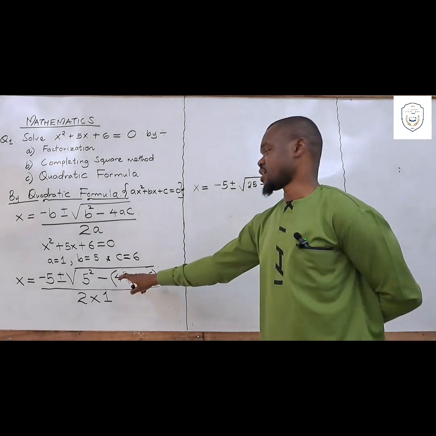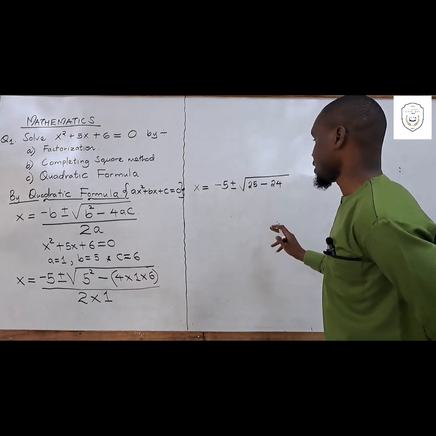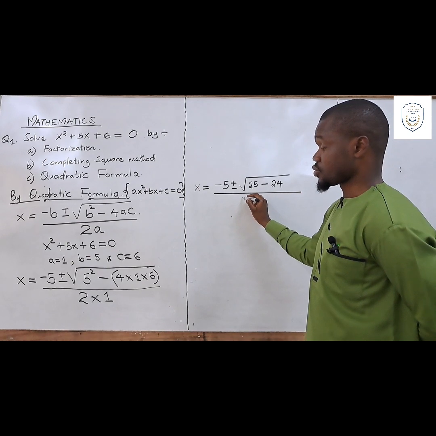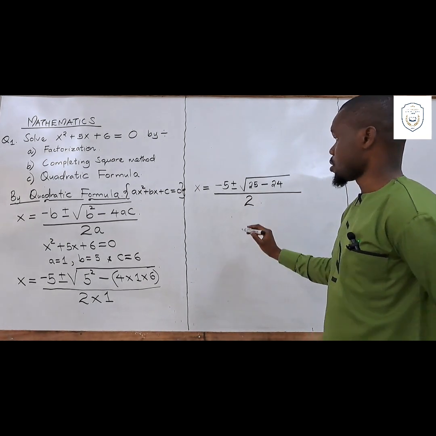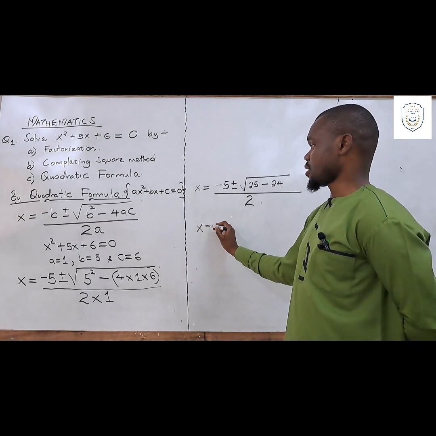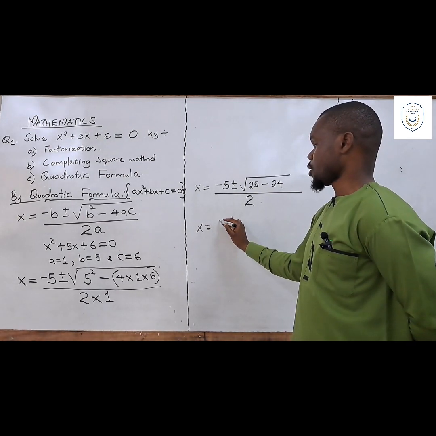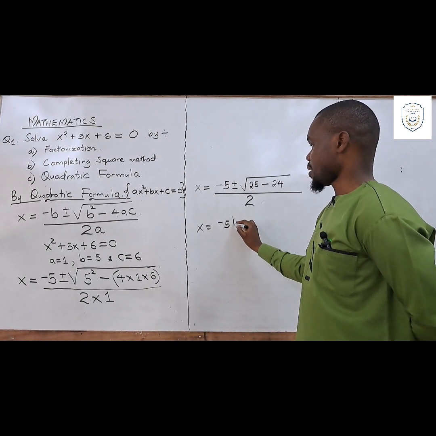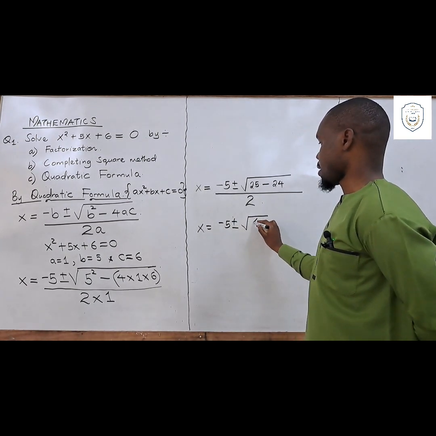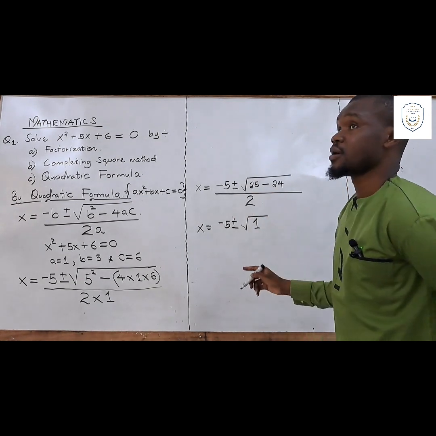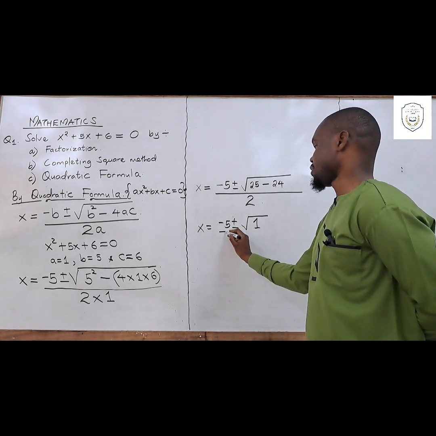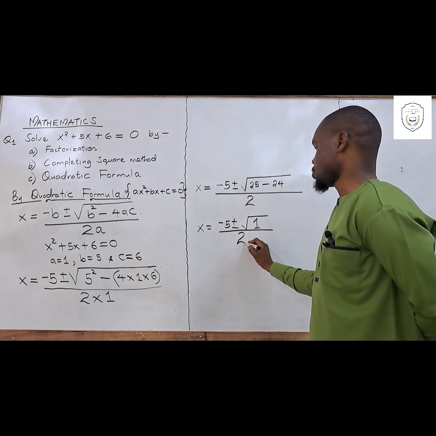That is 4 times 6, because 1 times anything is just that thing. So we have here 2 times 1, which gives us just a 2. So if we are to get the value of x, it will be negative 5 plus or minus the square root of 1, because 25 minus 24 gives you 1. Everything is again over 2.